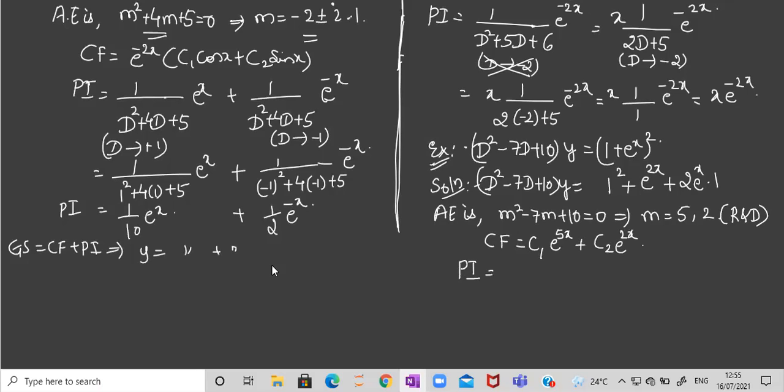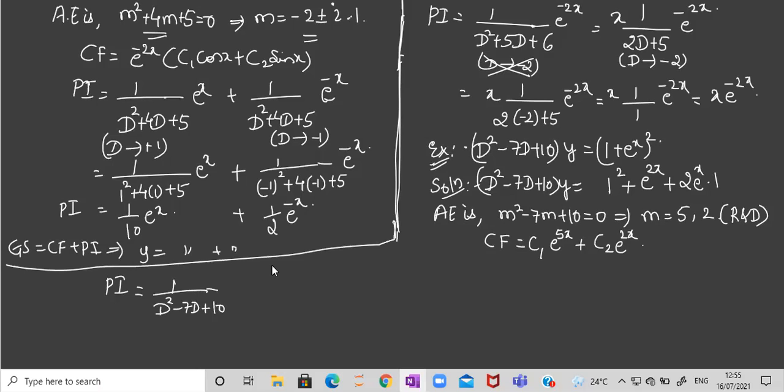Now let us calculate PI. You can see the RHS term: how many terms are there here in RHS? 3 terms. So when you calculate PI, you need to take 3 terms. Let me write it over here. PI is nothing but 1 upon D square minus 7D plus 10 operating on the first term 1.